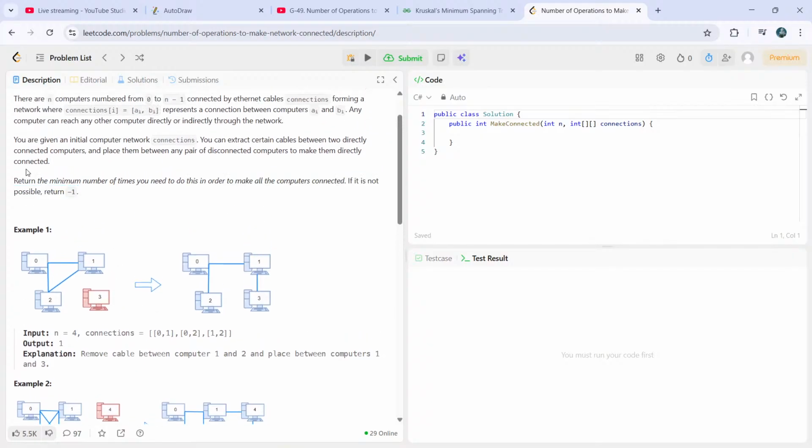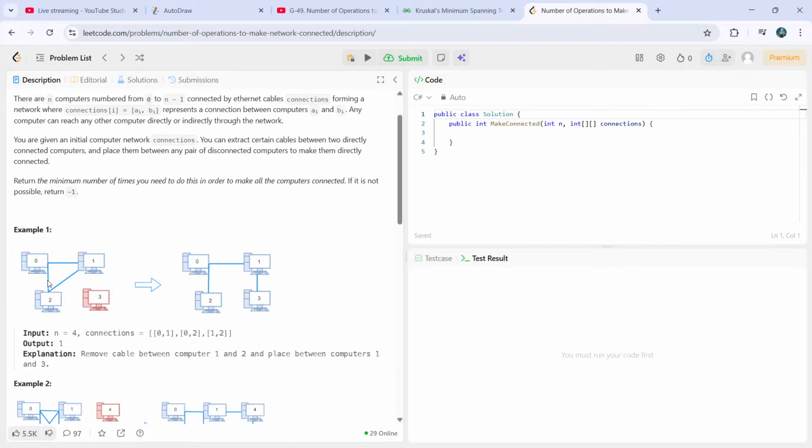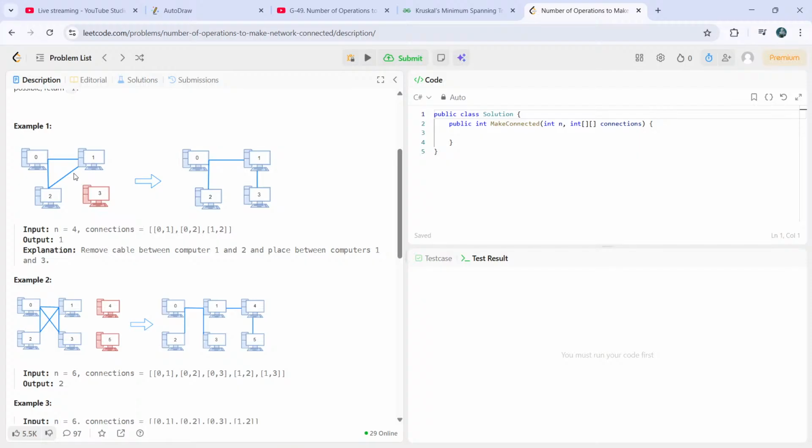So what's the condition for it being possible to connect all computers to each other? The condition is that the number of cables should be greater than or equal to the number of computers minus 1. Let's restate it: the number of cables should be greater than or equal to number of nodes minus 1.